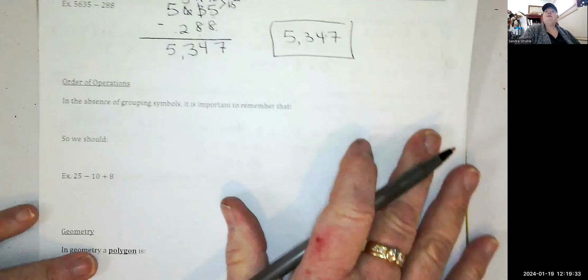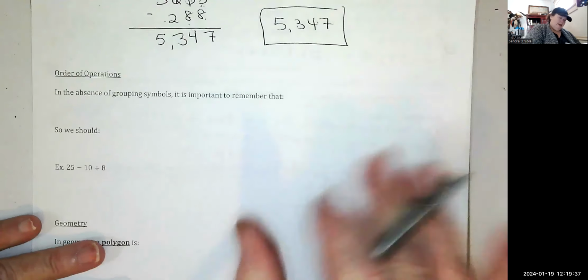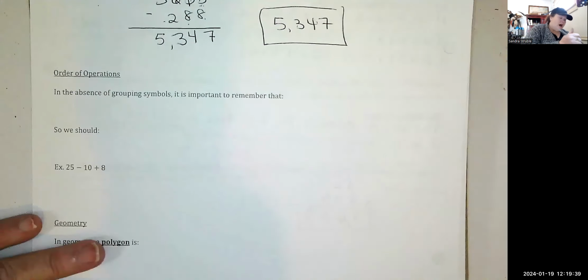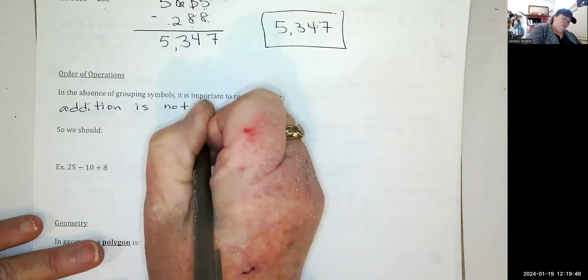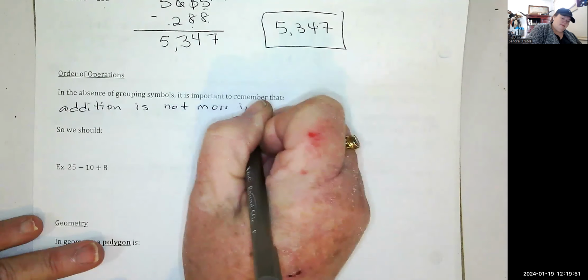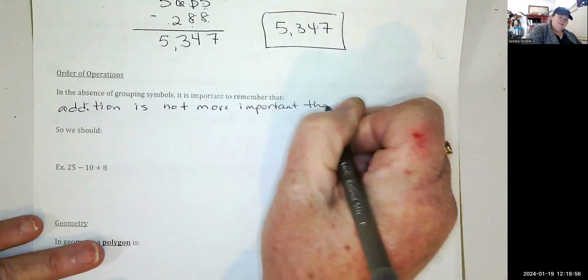All right. In the absence of grouping symbols, it is important to remember that what? Addition is not more important than subtraction and vice versa. Addition is not more important than subtraction.